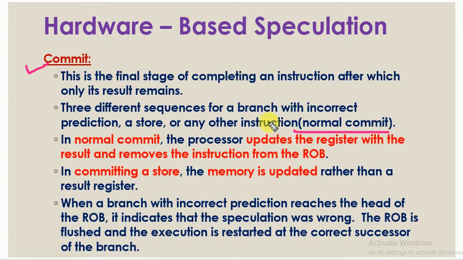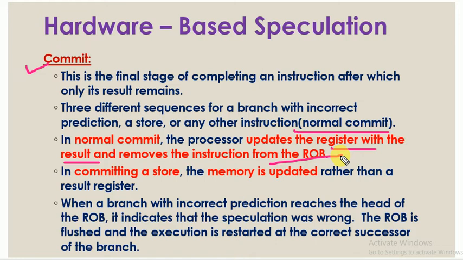There are different situations for a branch, whether it is to be committed or not. Now in the normal commit, the processor updates the register with the result and removes the instruction from the ROB. After completing the instruction, we write the results to the register and remove the content from the reorder buffer, because some other entry needs to enter the ROB later.